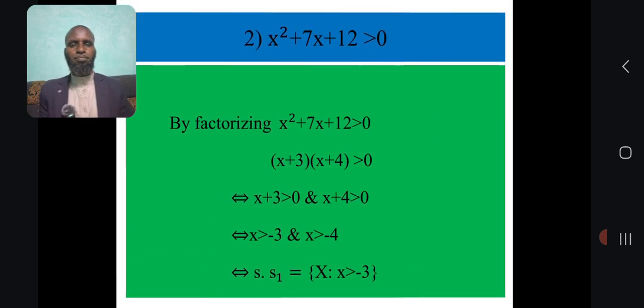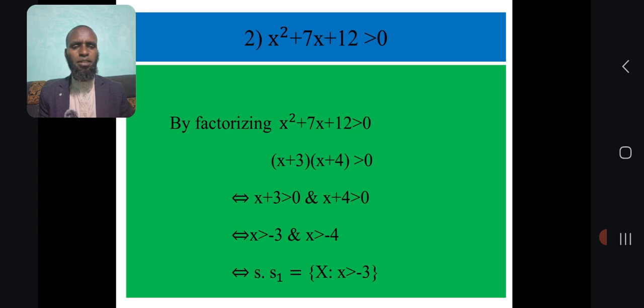When you come to the second example, x squared plus 7x plus 12 greater than 0. Here the inequality is greater than 0, and x plus 3 times x plus 4 greater than 0.